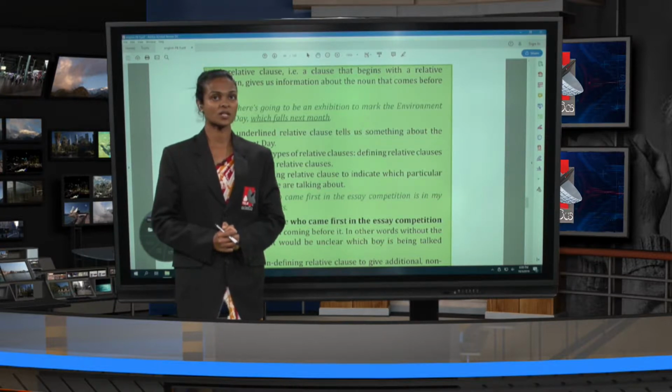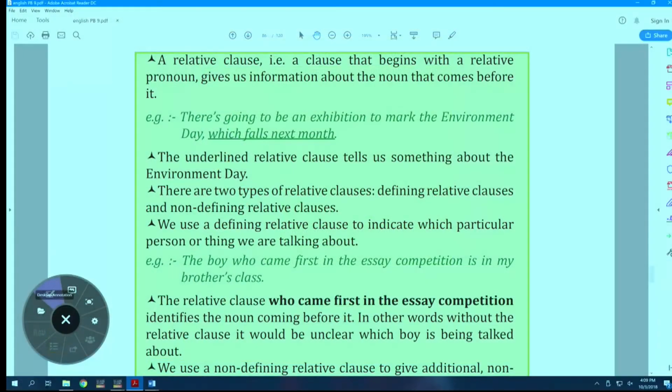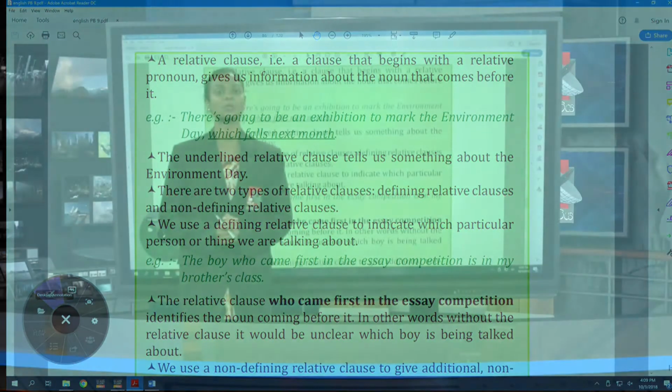It gives us information about the noun that comes before it. That means a relative clause begins with a relative pronoun and it gives us more information about the noun. We are going to refer. It gives more details about the noun we are talking about in the relative clause.